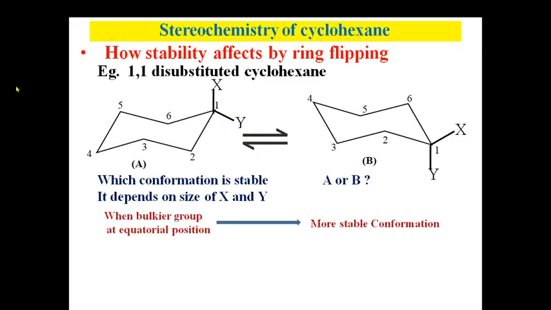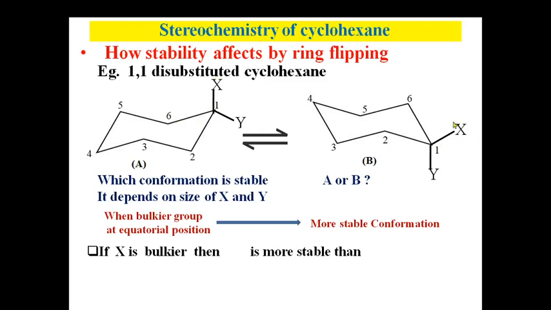Here it is. See, when the bulkier group is at equatorial position, the conformation is more stable. If X is the bulkier group, then which is the more stable conformation, A or B? See here, if X is bulkier and X in conformation A is at axial position, obviously this is unstable.